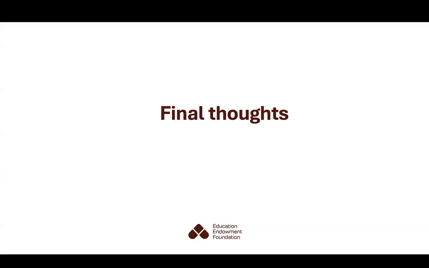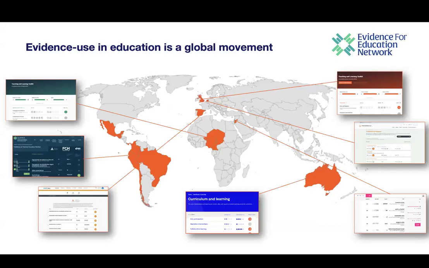So before we move to questions, a couple of final thoughts and reflections. One is that this is becoming a global movement. Obviously contexts are really different, but there are now a number of different organizations across the world that are thinking about what does it mean to have a go-to place for evidence in a system.